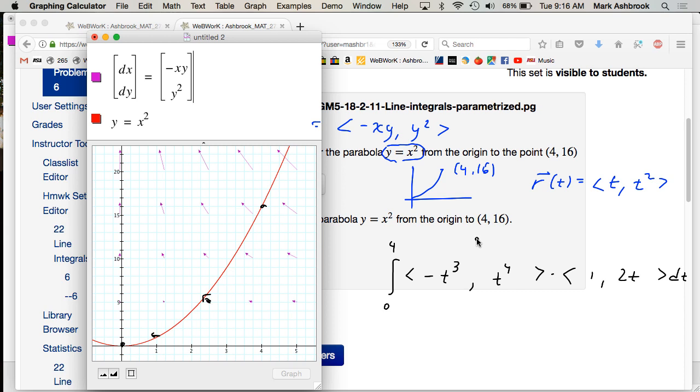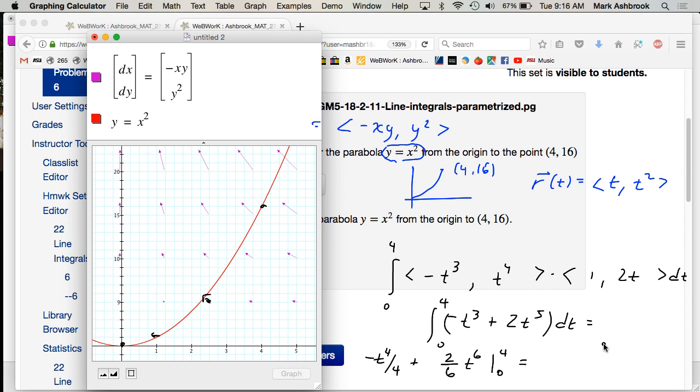All right, so let's see how this works out here. So we got negative t cubed plus 2t to the 5th. Did I do the math right? So negative t to the 4th over 4 plus 2/6 t to the 6th from 0 to 4. Is my math right? Okay, so what is that?